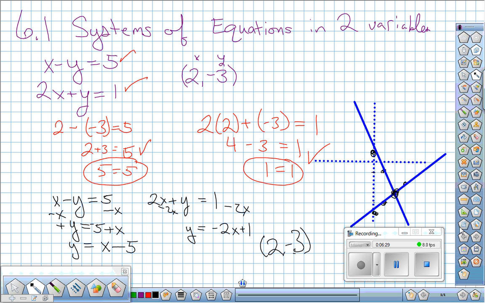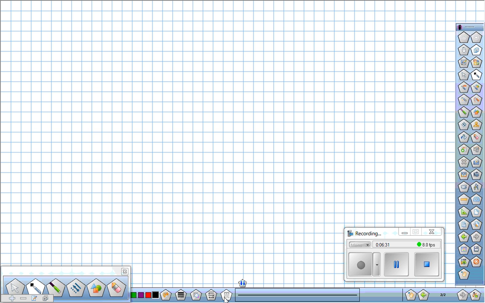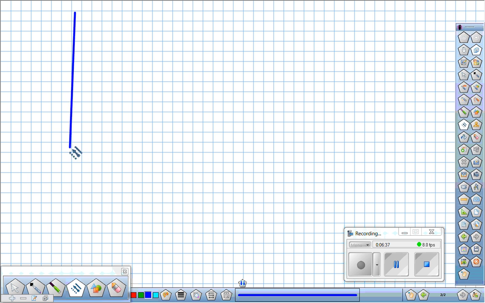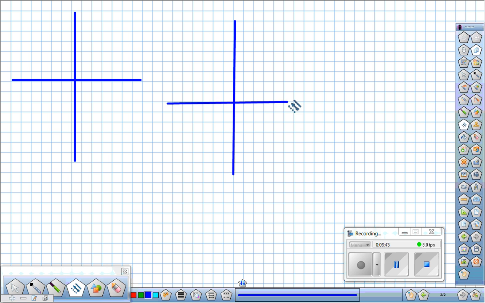Sometimes, though, we're going to get graphs that might look a little bit different. So let me draw some axes here. This is my set of axes. I'm going to draw 3 different sets because there are really 3 scenarios that can happen.